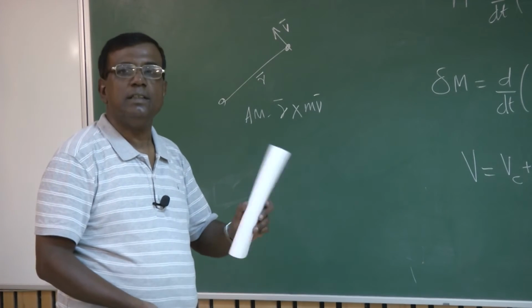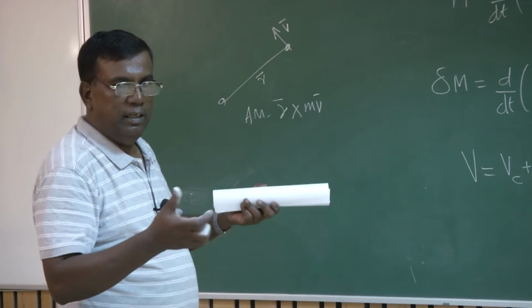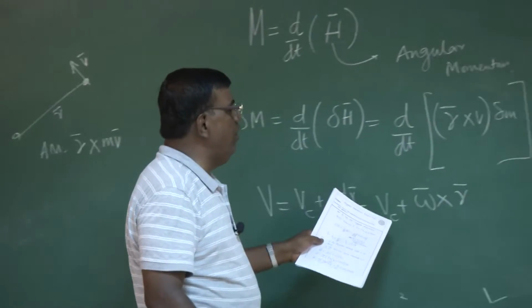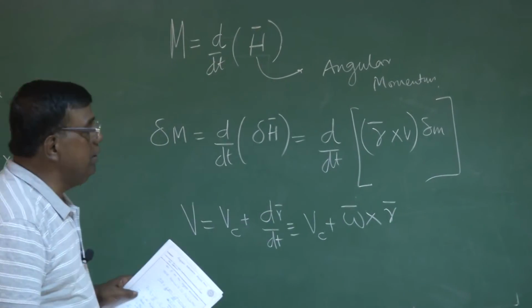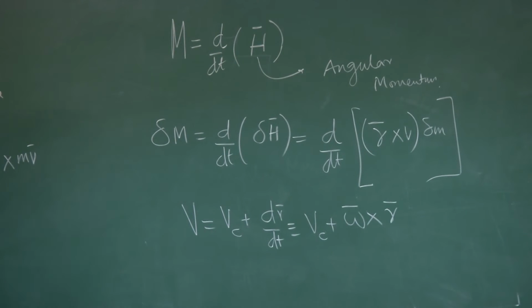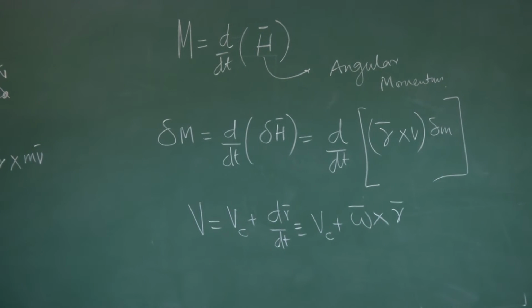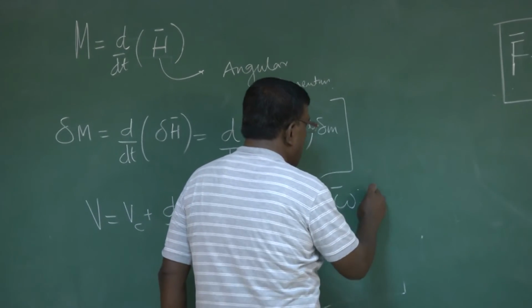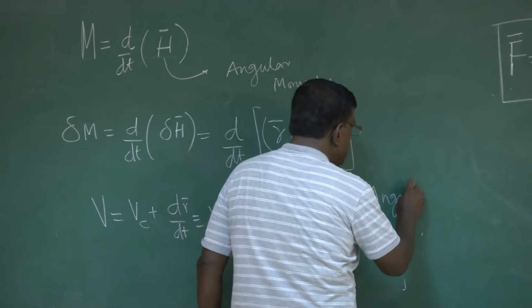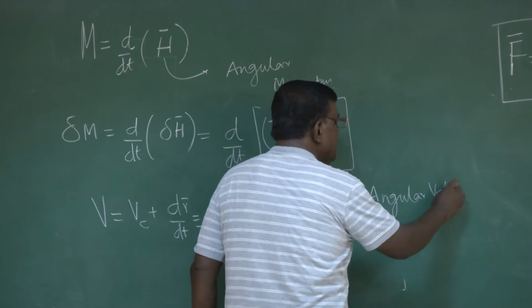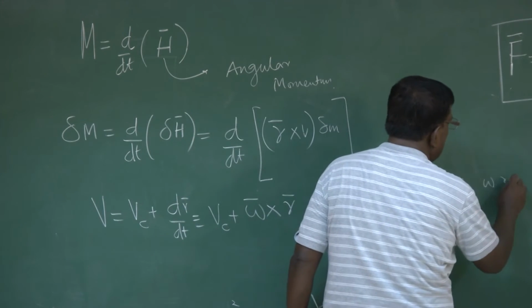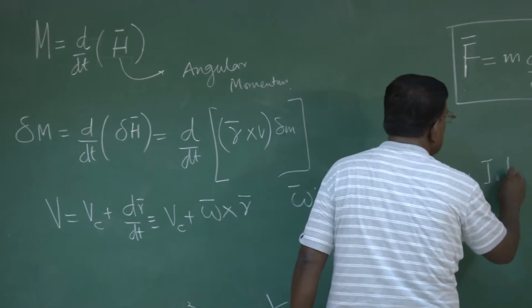Omega cross r, right? So omega is generic three-dimensional, so omega cross r is there. So I can replace dr by dt by omega cross r. What is important to know is that omega is about the inertial frame. This omega is the angular velocity with respect to the inertial frame.